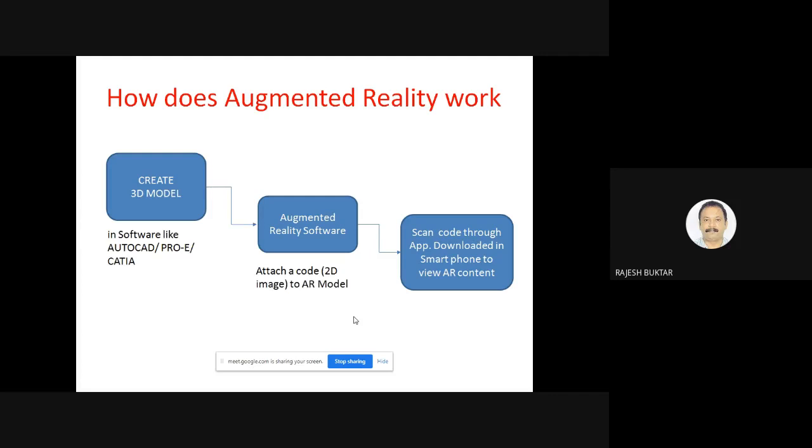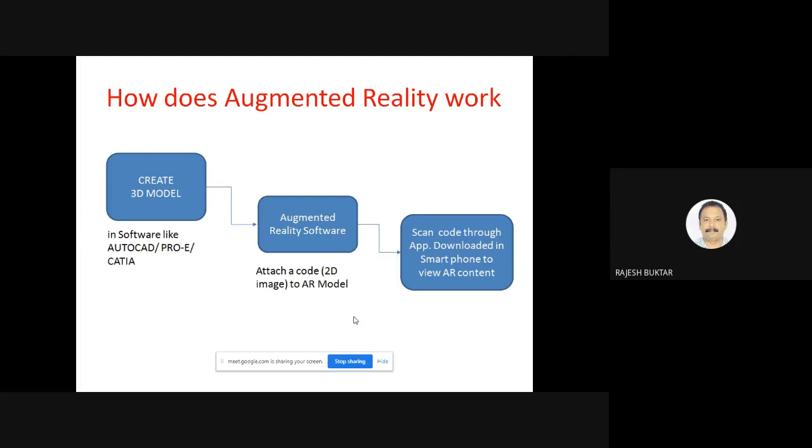And we have to look at augmented reality as a visualization tool. We have to use our visualization power and see how we can correlate this power with various domain applications in the areas in which everybody is working.